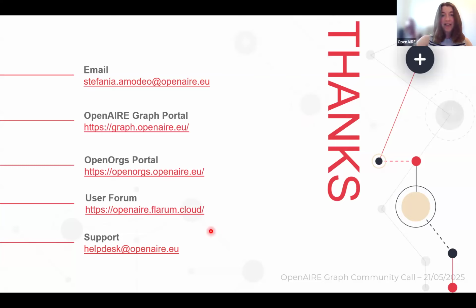Yes, Junichi. Thank you for your great presentation. I learned a lot about the deduplication process of OpenAIRE. Sorry, I'm a Japanese researcher, and I am also providing a scholarly database. So I'm very interested in this kind of deduplication or EU activity, although Japan is not in the EU.